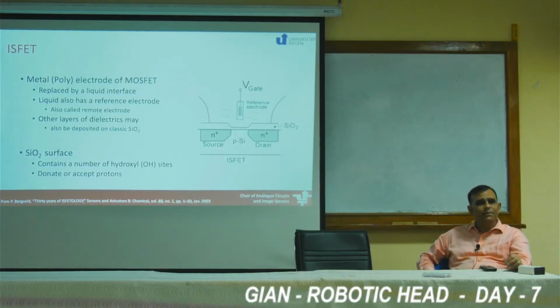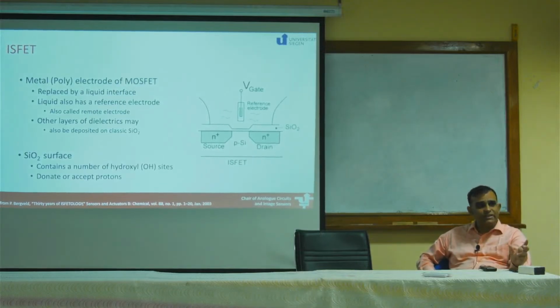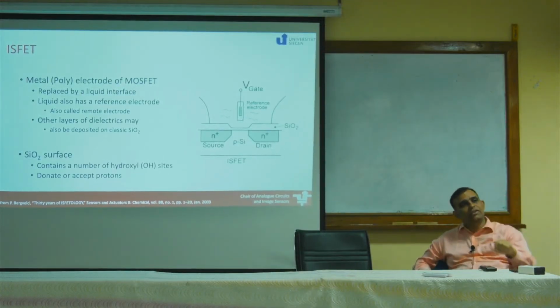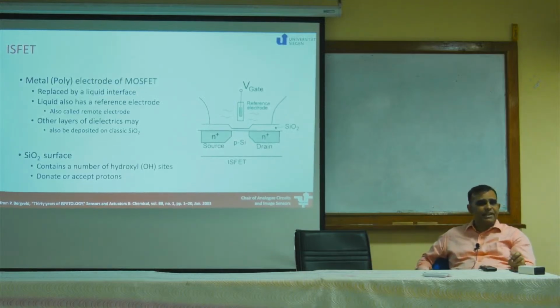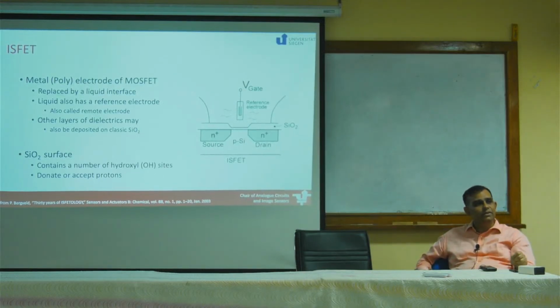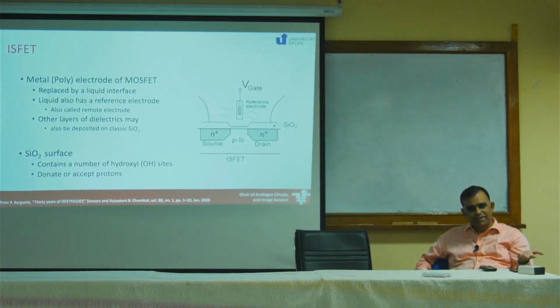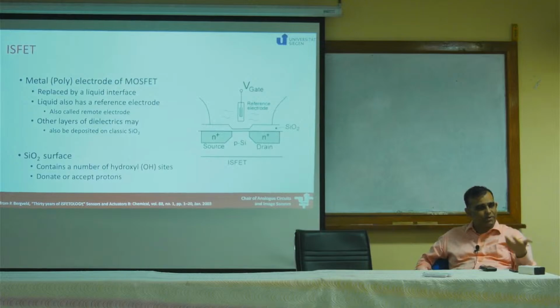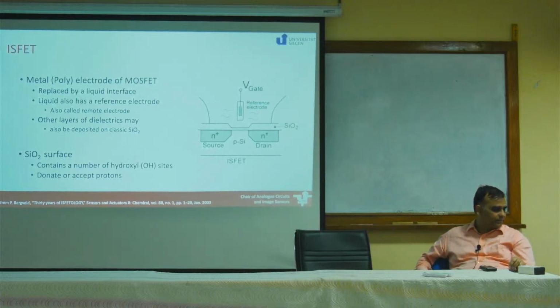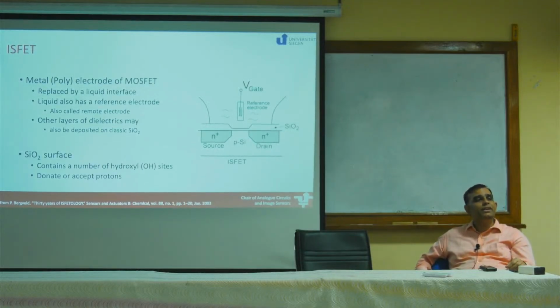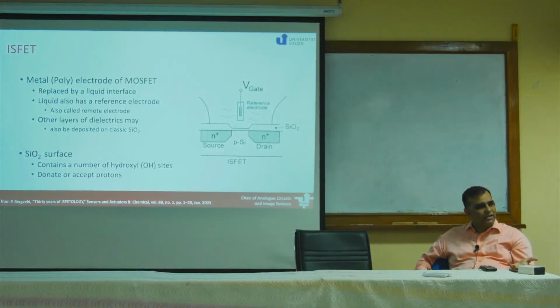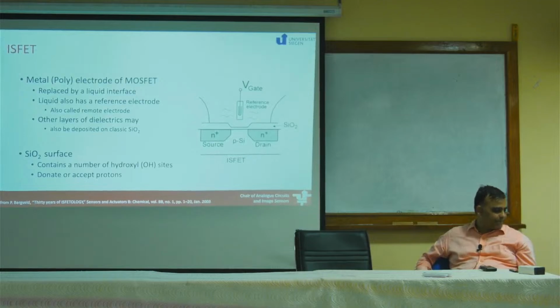It contains a number of hydroxyl sites, OH bond sites, which are just there on the surface, which can either accept or donate protons. Protons are H plus particles, right? Hydrogen, so positively charged. And accepting and donating of protons means changing my charge. Okay.